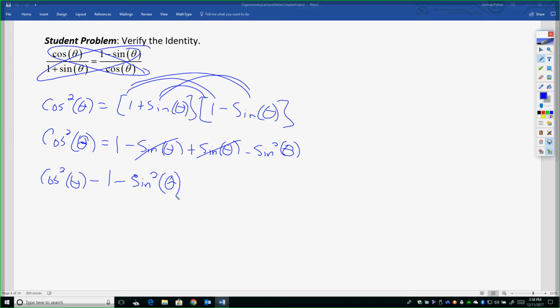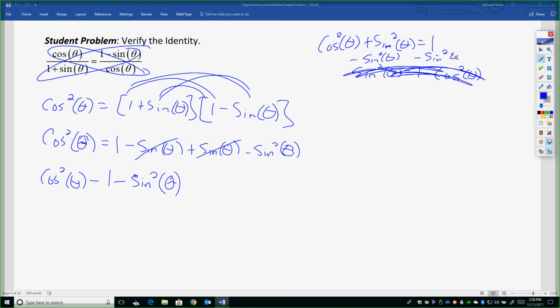What I remember from my Pythagorean identities is cosine squared of theta plus sine squared of theta equals 1. So if I subtract the sine squared, I'm left with 1 minus sine squared equals cosine squared.